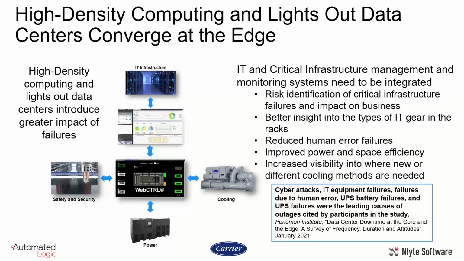So you can obviously be more efficient, but with lights out as well as with high density, you introduce greater impact of failures. In other words, a problem with one high density rack is now a problem with many more IT assets or workloads than before.